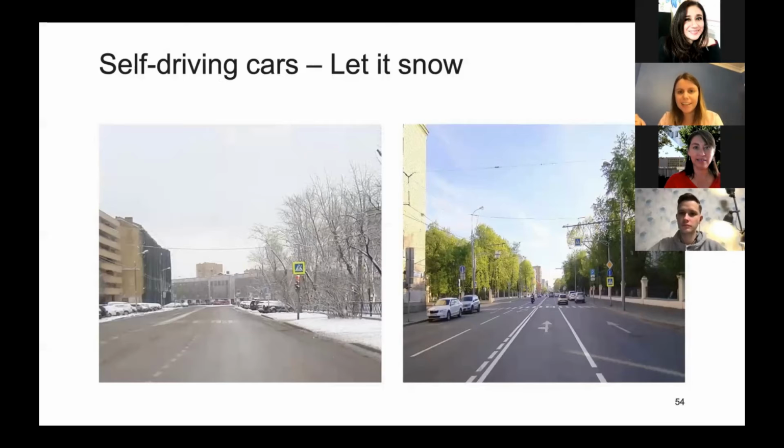But suddenly the snow appeared, and everything, according to the picture, changed. Like the streets are white, and you have like 3 days or a week to retrain your model.